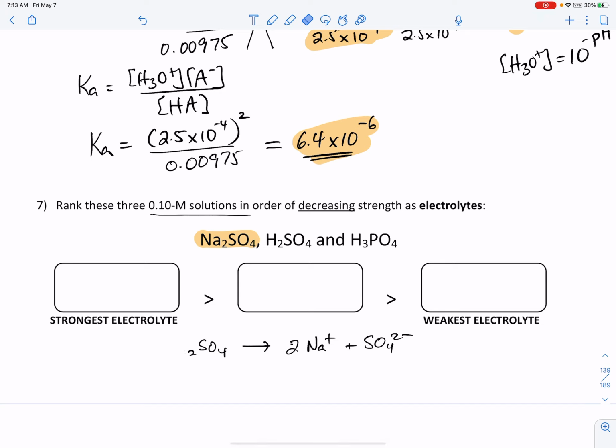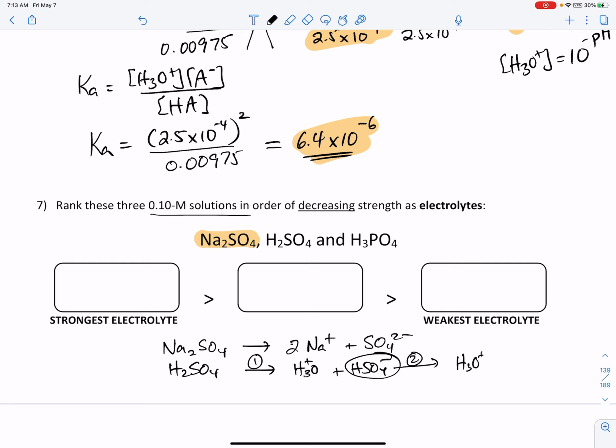Now the sulfuric acid is the second thing there, H2SO4. We notice that it's a diprotic acid, and it has two steps, right? Step one, it's going to produce hydrogen ions, or hydronium if you like, and HSO4 minus, and it does that completely because it's a strong acid. So it's going to produce a lot of ions. But then in a second step, the HSO4 minus goes on to ionize a second time, but that step is a weak ionization.